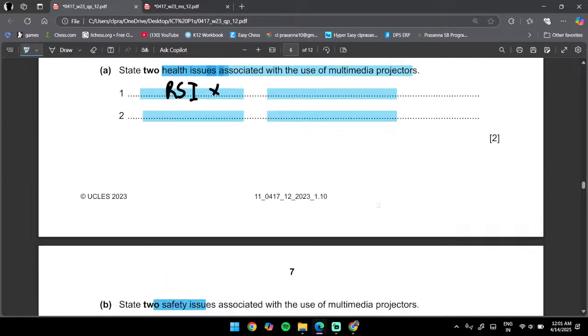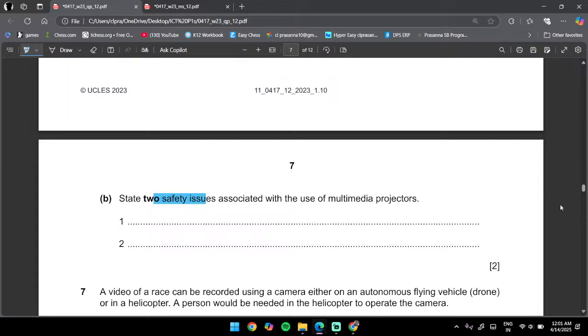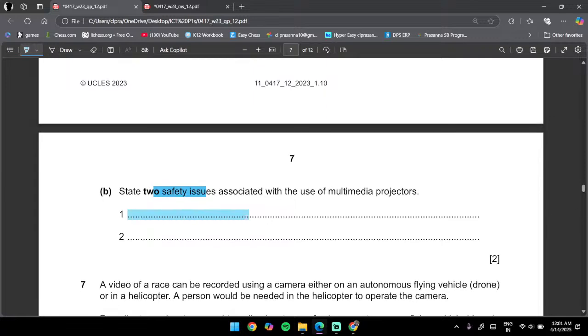Health issues are the ones we mentioned over here. Safety issues is something like tripping from trailing leads of the multimedia projector, electrocution due to, I don't know, spilling water or liquid on the projector, or fire due to overheating, or maybe the projector falling and injuring students or teachers or anyone around. These are safety issues, right?